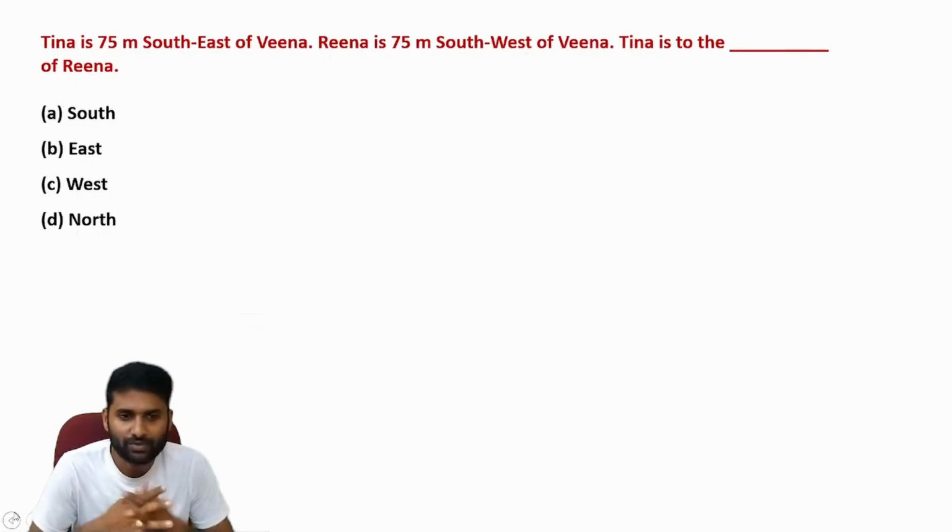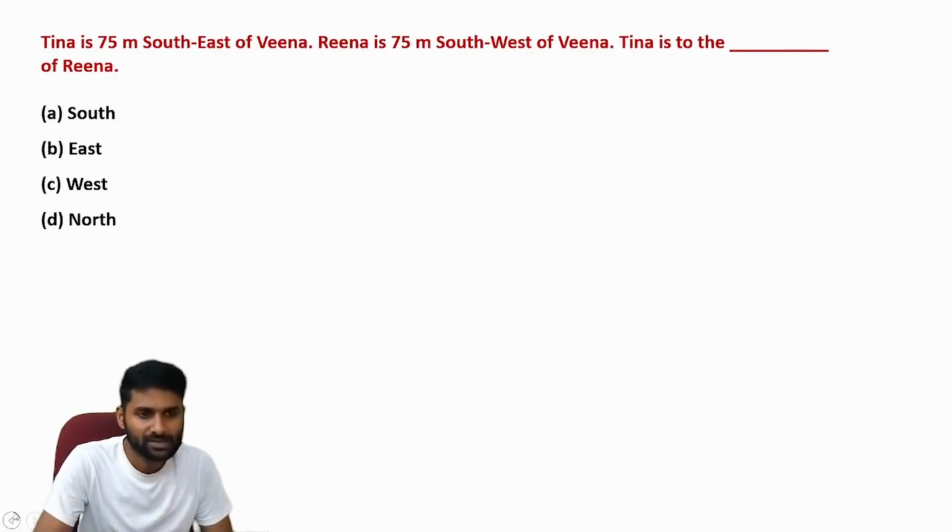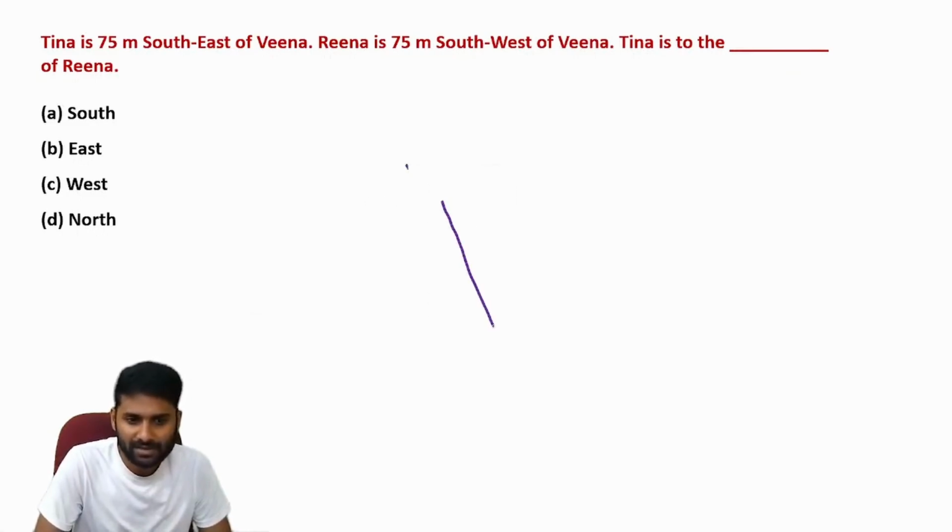Reena is southwest of Vienna. So Tina is to the dash of Reena. Here is the information: Tina is southeast, guys. Southeast. So this is the southeast. Tina is southeast of Vienna, and the distance is exactly 75 meters.